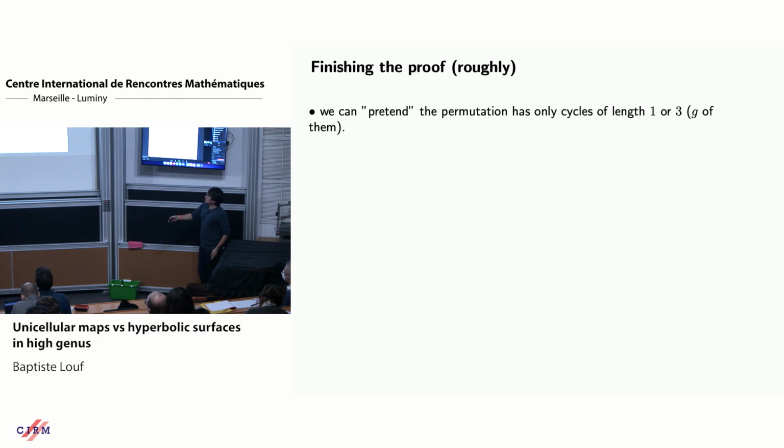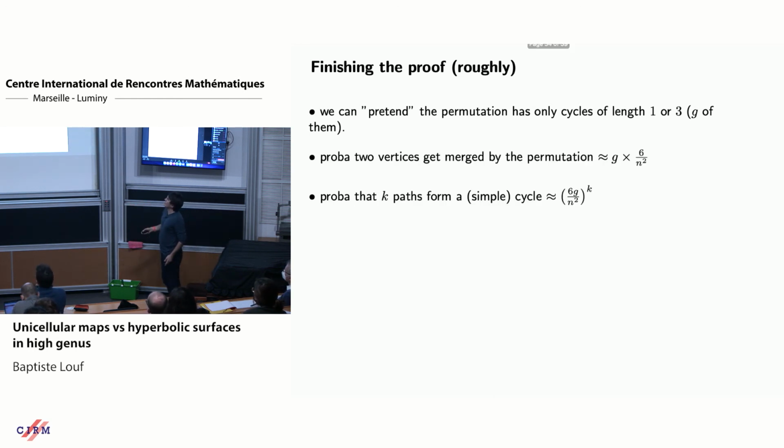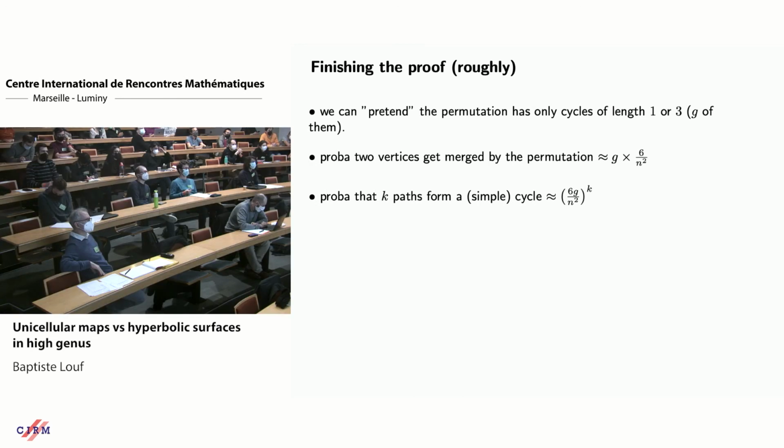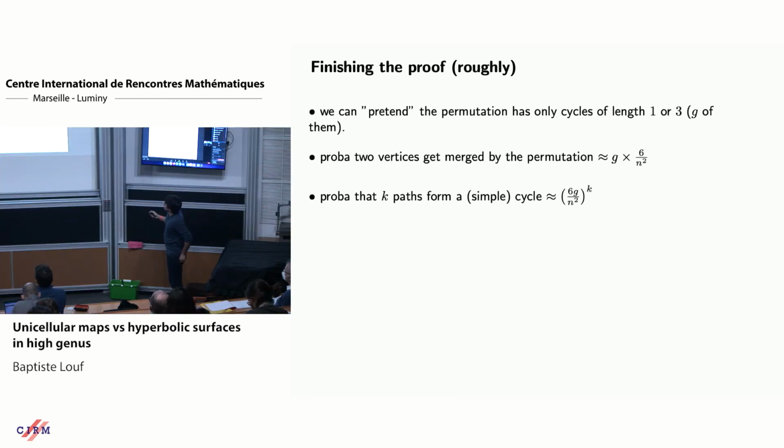And then, oh, interesting. Okay, then you can calculate the probability that 2 vertices get merged by a permutation. I hope I didn't make a mistake. So there's G cycles. Basically you can think of your cycles of length 3. 2 vertices are going to be merged if they belong to the same cycle of length 3.